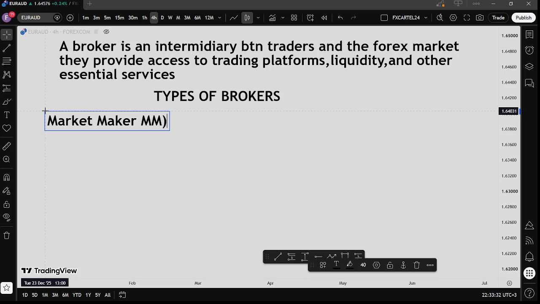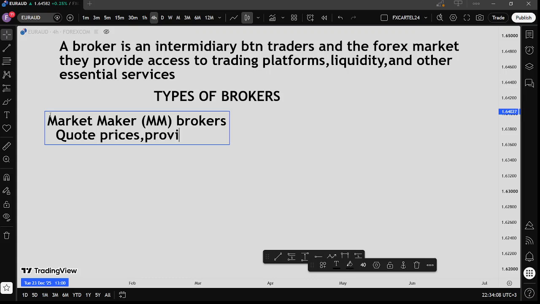So who are these ones? They quote prices and provide liquidity.